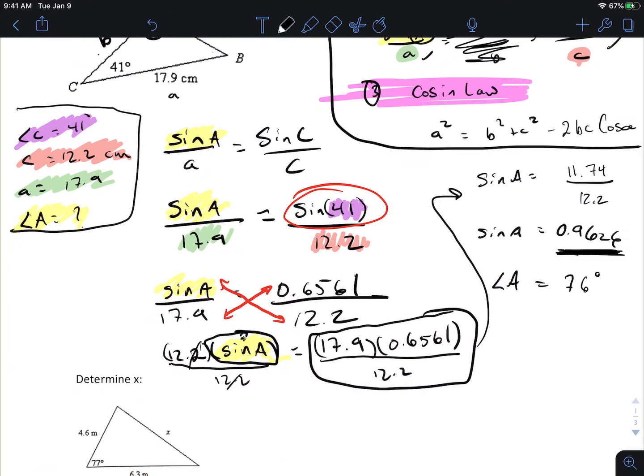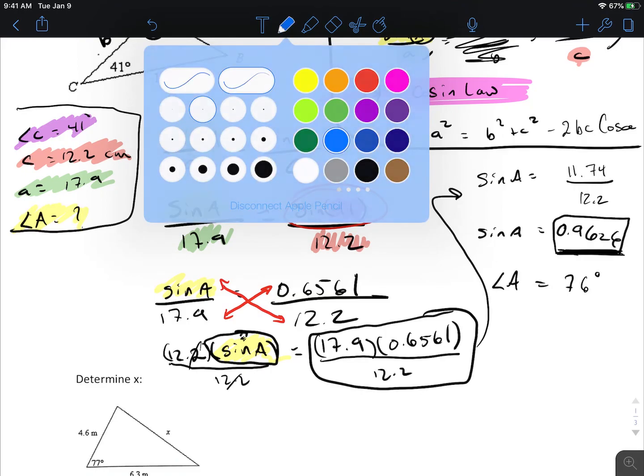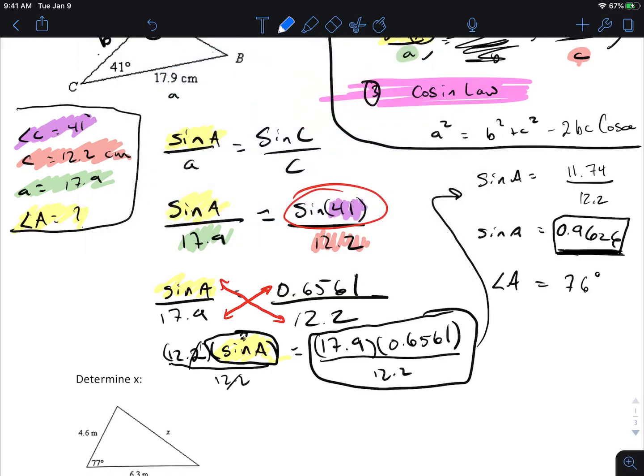If you don't like the table, okay, if you get to this stage here, you have this decimal. On your calculator, once you have it sideways where you would normally hit sine, hit the second function in the top left corner.